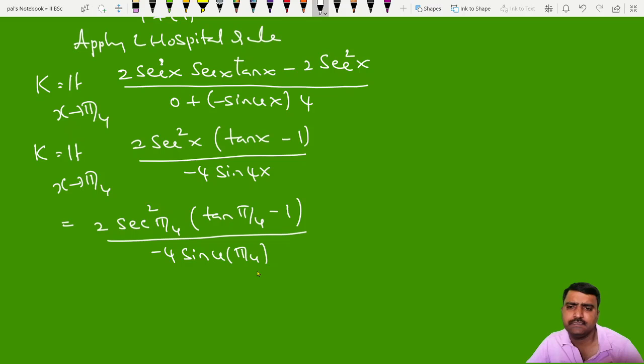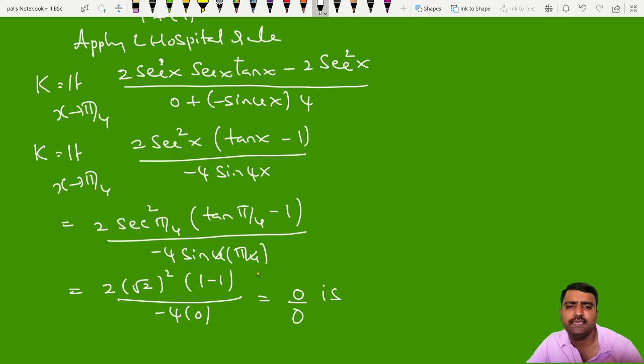So then what happens, which is equal to 2 into secant pi by 4, which is root 2 square, tan pi by 4 is 1, minus 1, divided by minus 4 into, here this 4 cancels, remaining is sin pi. Sin pi value is 0, which is equal to 0 by 0, indeterminate.